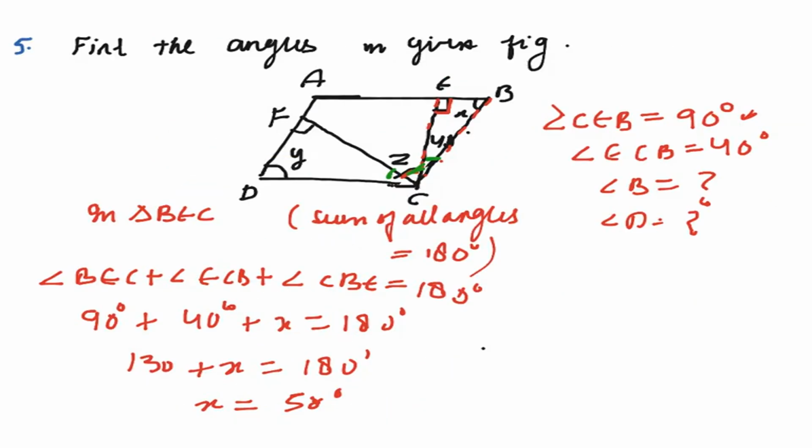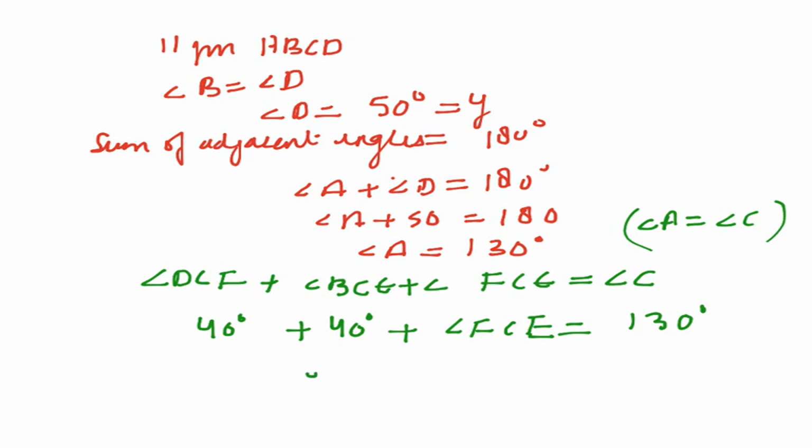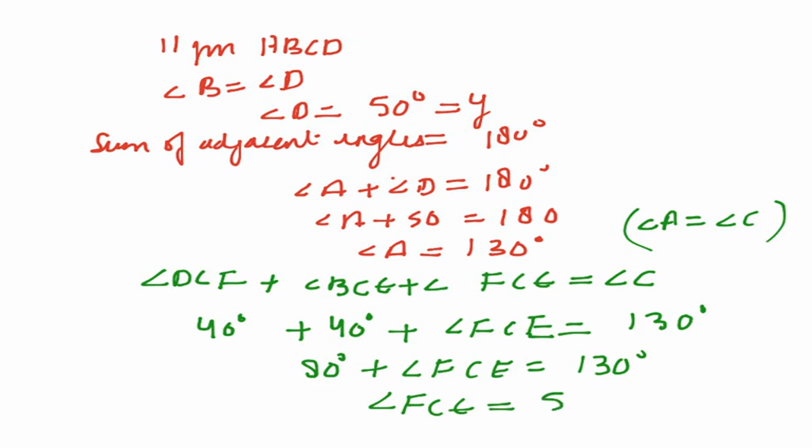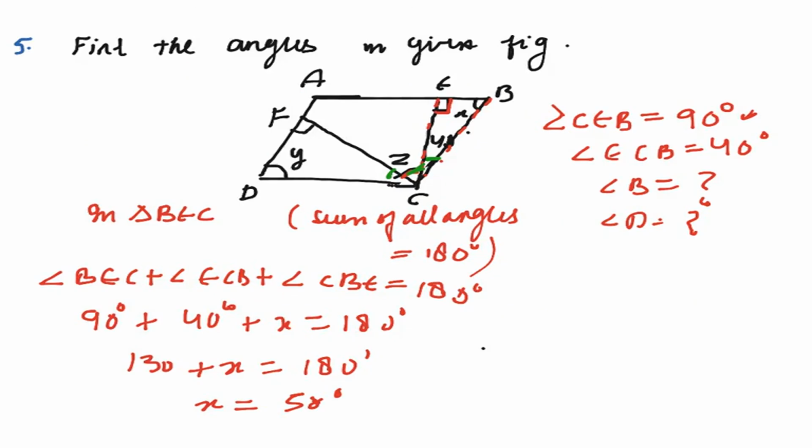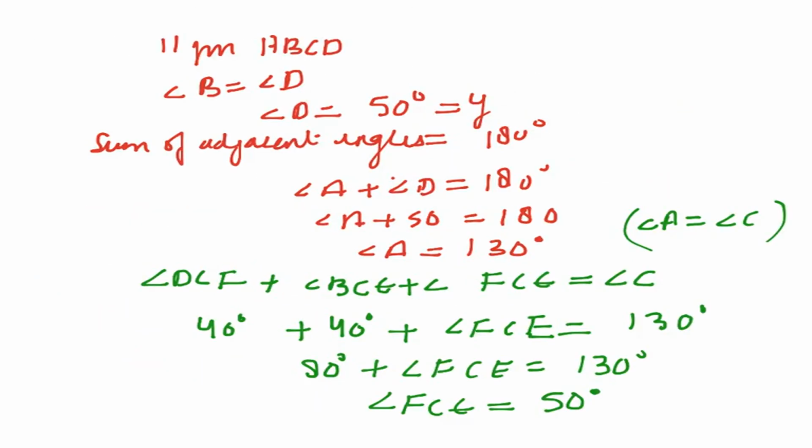So here 40 plus 40 will be 80. 80 plus angle FCE is equal to 130 degree. So angle FCE will be 130 minus 80, that is 50 degree. So here we find out all the angles that are marked in the question, that is Z that we marked. So this is how we are using the different properties.